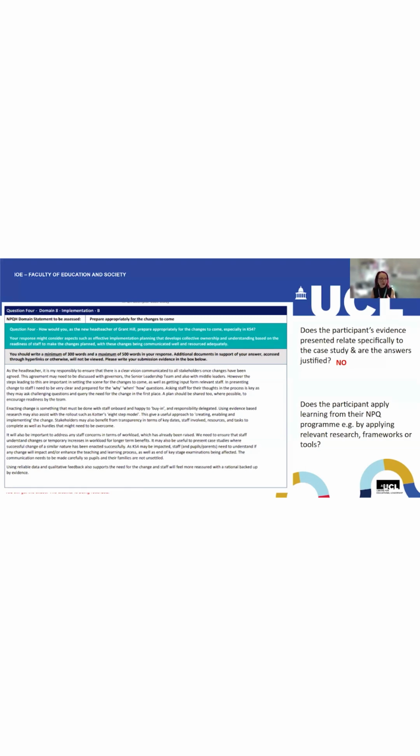They're not wrong, but they're not drawing on anything from the case study that would tell them what they might need to think about, whether there had been initiative overload, for example. So it might be that the case study talks about staff saying there's initiative after initiative, nothing ever sticks, it increases our workload, and you would respond to that as part of your answer relating to this. So with the Grant Hill example, which you've got on UCL Extend, you'd need to think about what are the changes that I'm trying to create this communication about.